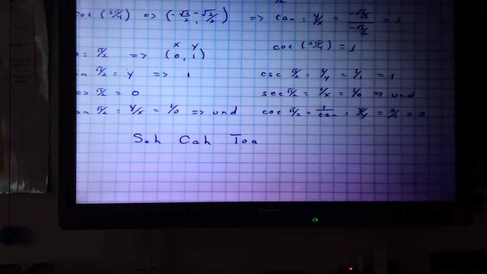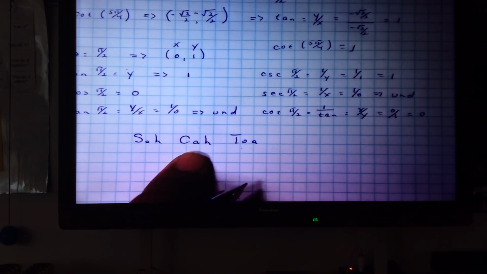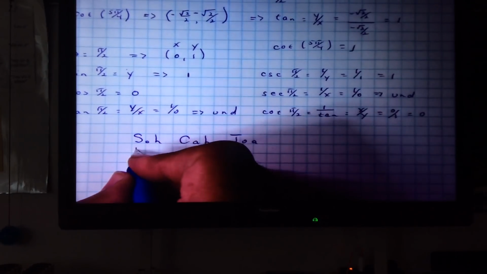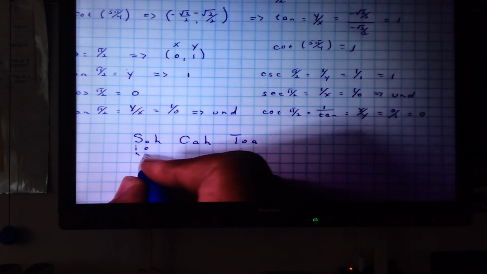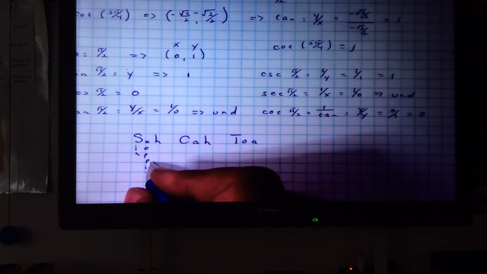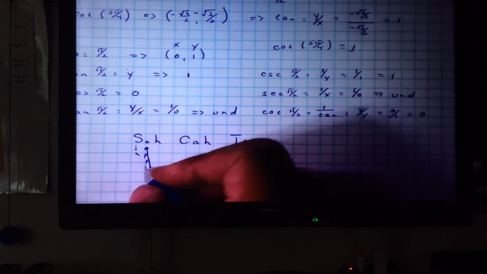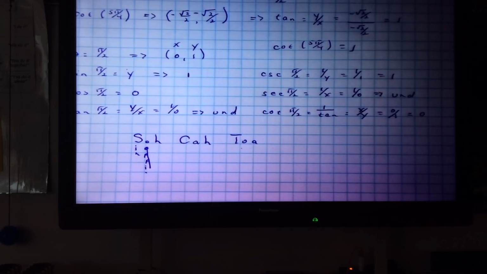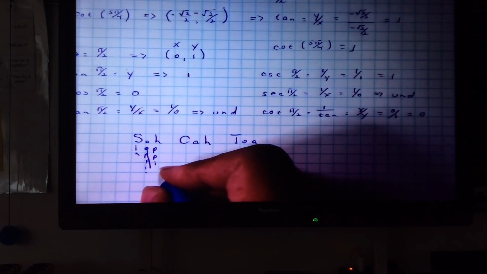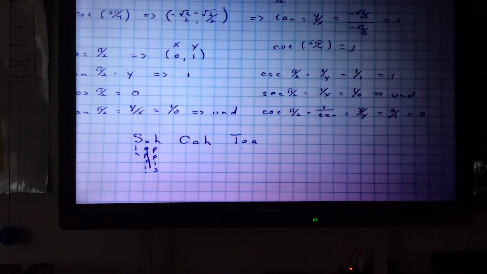Now, if you don't know this, you need to know it. SOHCAHTOA. Can you write it down? Sine, opposite. How do you spell opposite? O-P-P-O-S-I-T-E.